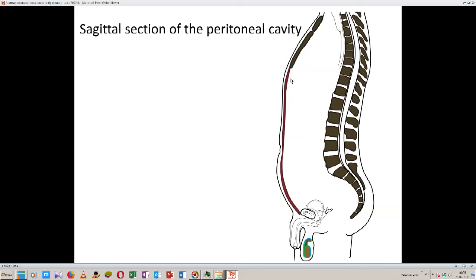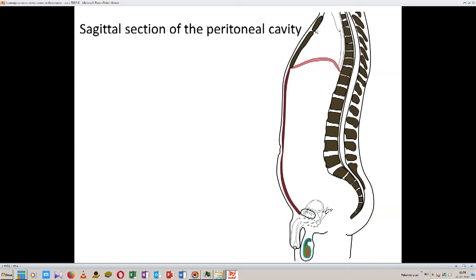But for easy recognizing, I made it of red color to understand that this is the anterior abdominal wall. Now, the superior abdominal wall. What is it? Diaphragm, which separates the abdominal cavity and thoracic cavity.